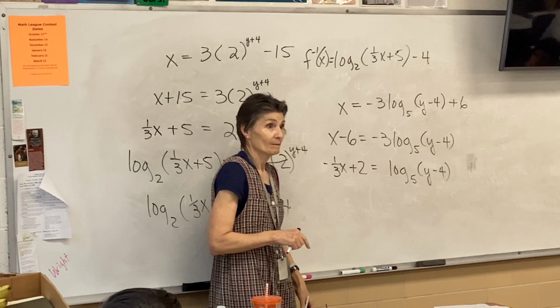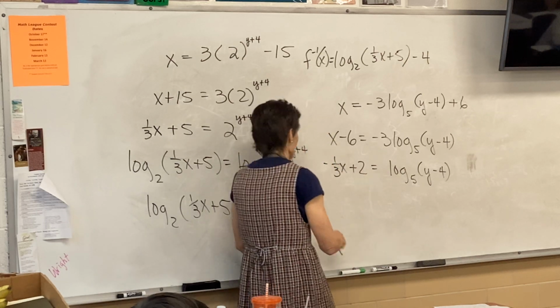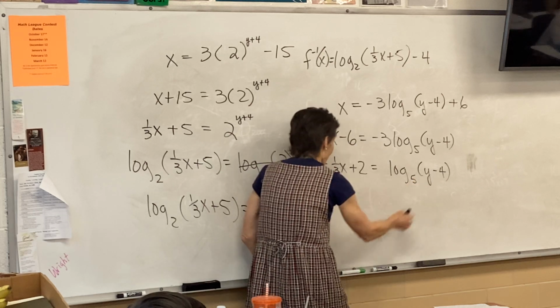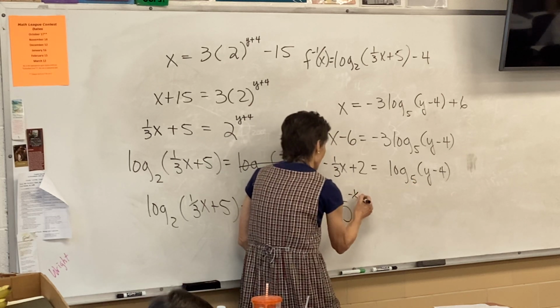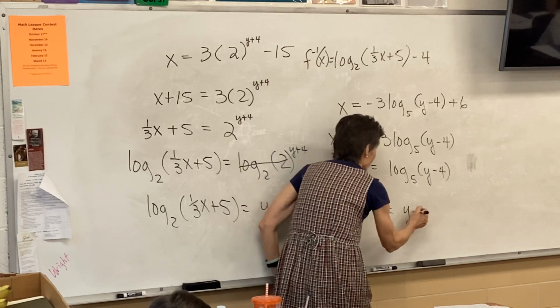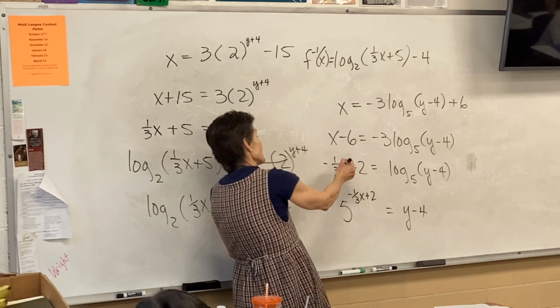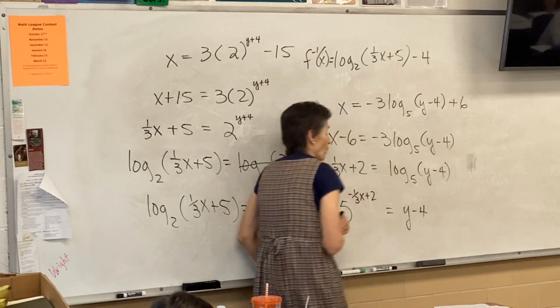If you like log roll and have 5. Exactly. I'm gonna log roll this. So this is gonna be 5 to the negative 1/3 x plus 2 power equals y minus 4.